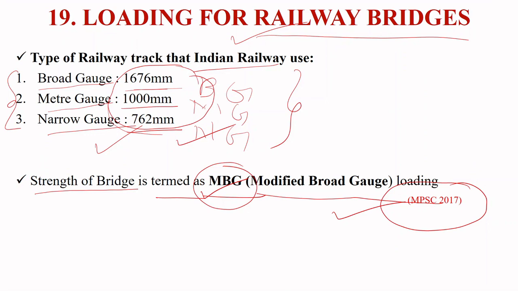This is our second lecture on standards of loading and design. In the next lecture we will complete the standards of loading for bridge design. This chapter is very important. Minimum two questions are definitely asked in the MPSC exam. We will see that in the next lecture, lecture number 8. Till then, thank you, stay safe, keep social distancing.